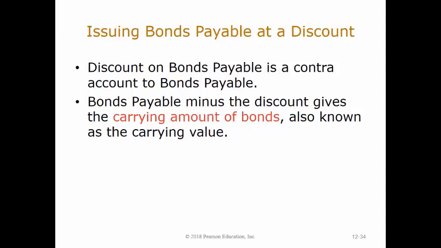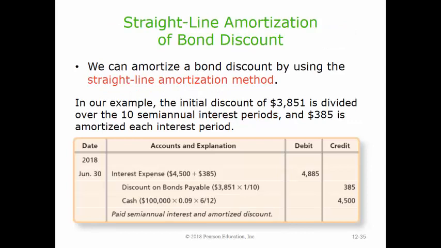Smart Touch Learning would report these bonds payable on the balance sheet under the long-term liabilities section, with $100,000 showing as bonds payable and $3,851 as discount on bonds payable, for a carrying value of $96,149.